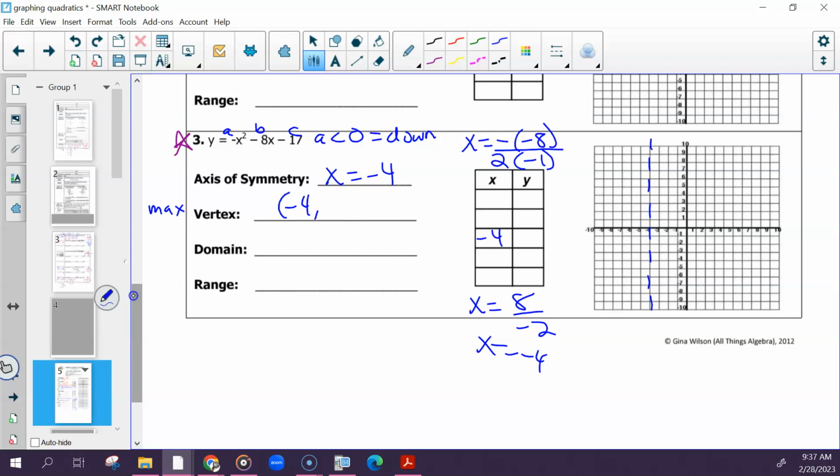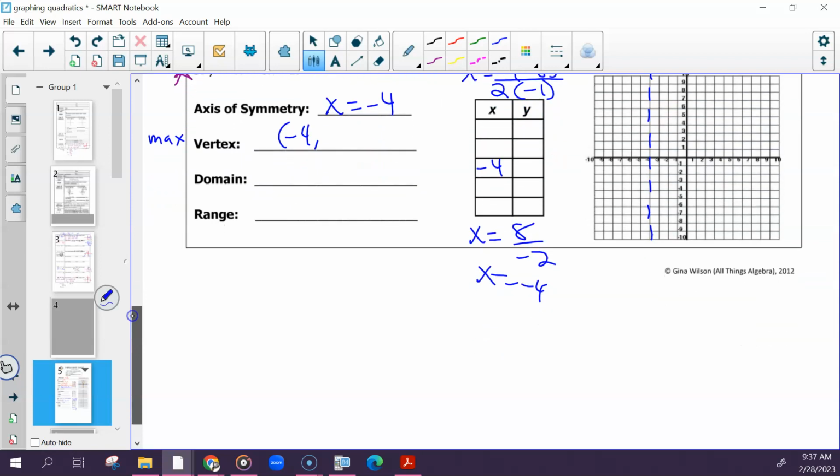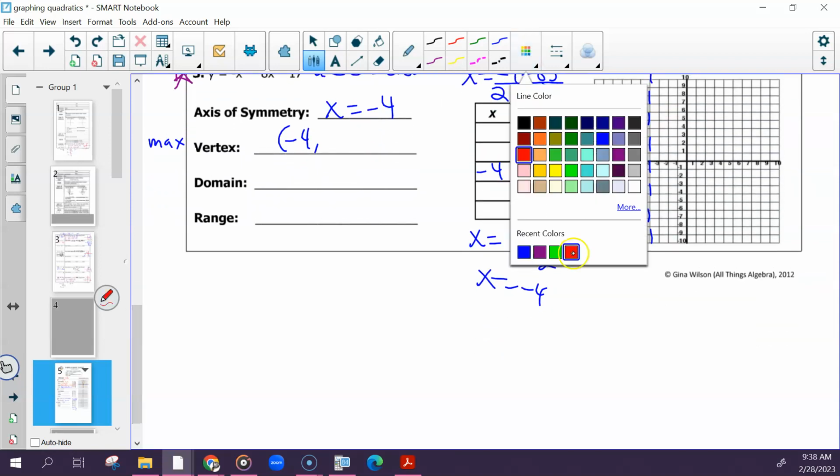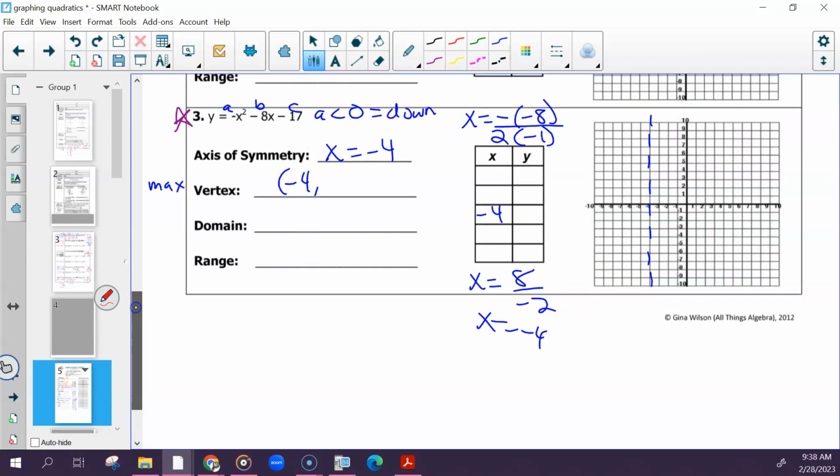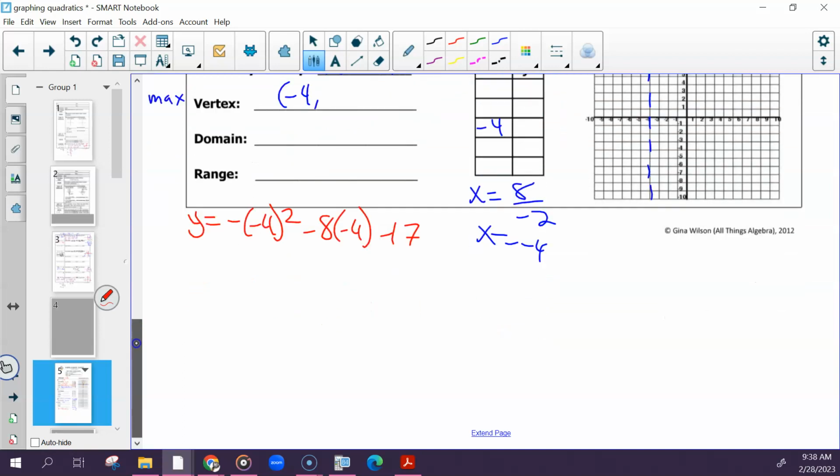Because we know our x value for the vertex, I put it in the middle of the table. I'm going to find my y value now. So we put negative 4 into all of these. Be careful with your negatives because it's negative x squared, so put the negative 4 in parentheses.